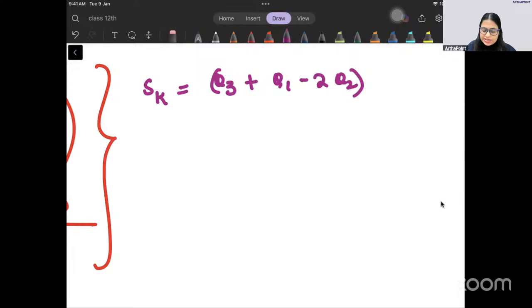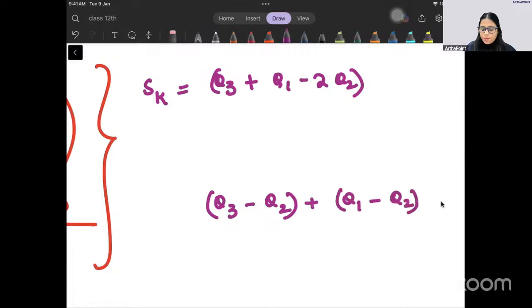Books कैसे लिखेंगी इसे? Books will write it like this: Q3 minus Q2 plus Q1 minus Q2. माने difference between third and second and first and second. ठीक है, divided by Q3 minus Q1, the bigger gap.